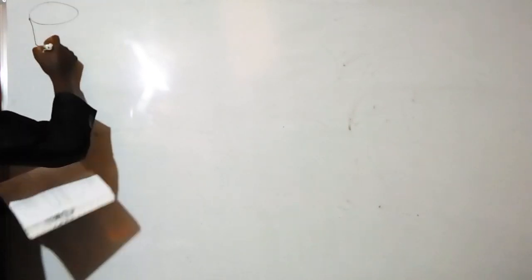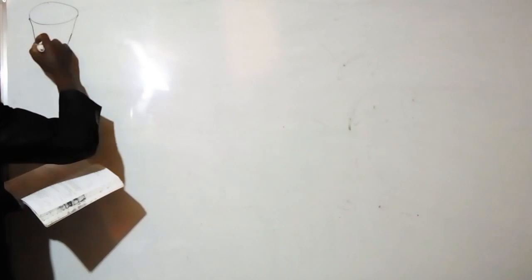You've been told the figure alongside shows a frustum made by cutting off a small cone on the plane parallel to the base of the original.